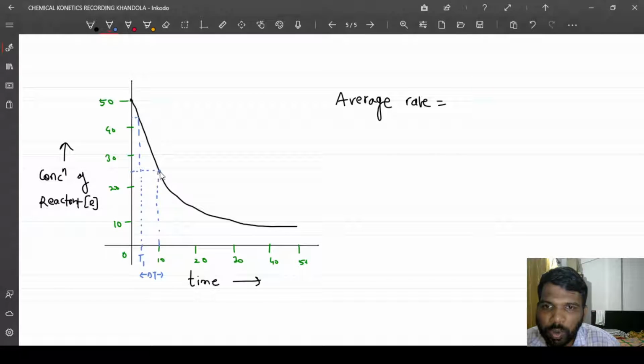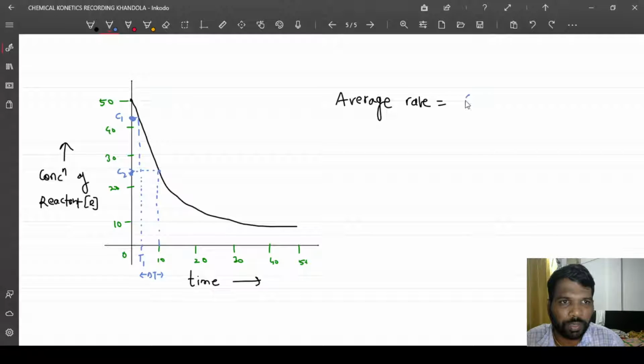This is the concentration on this axis, here and here. This is C1 and this is C2. So I will write a rate expression for this. It will be C2 minus C1 divided by T2 minus T1.